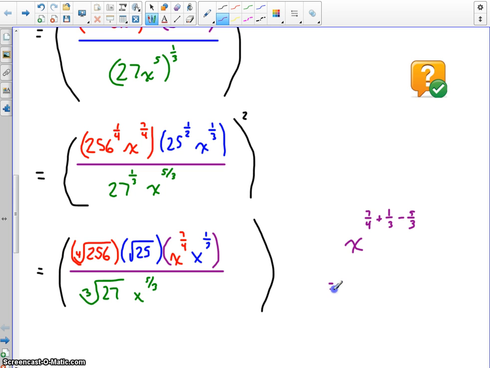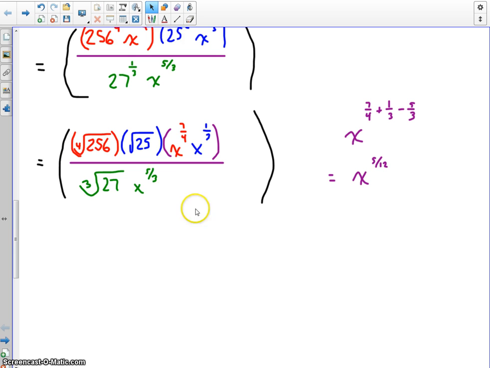So I'll trust you guys to do the fractions on your own here, but when you put those together, 7/4 plus 1/3 minus 5/3, it gives you 5/12. Okay, so all those x's simplify quite nicely.